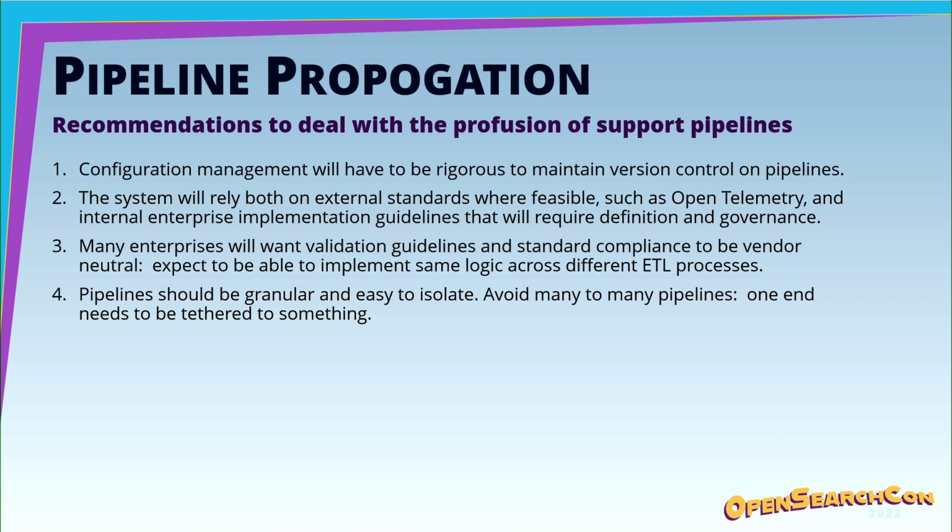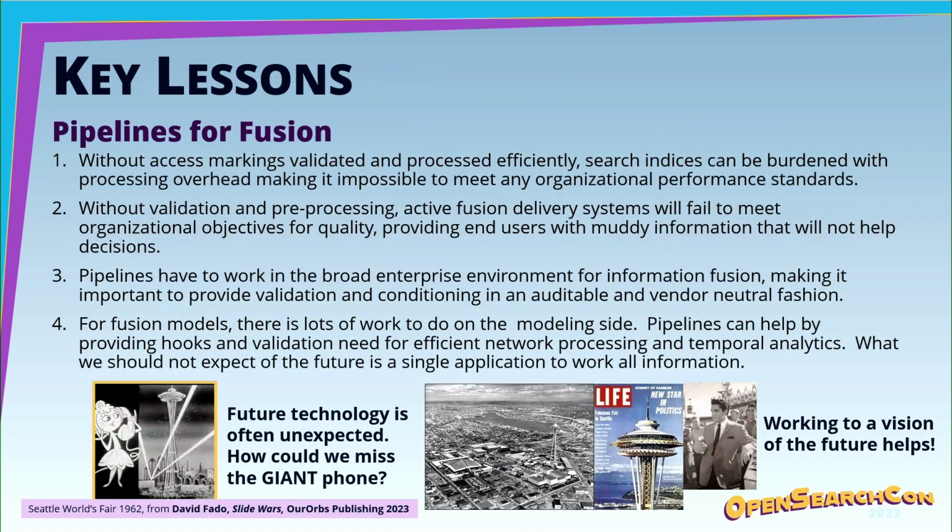But I think the system really is going to rely on a lot of external standards where feasible, such as OpenTelemetry. And you're going to want validation guidelines built into all of those pipelines. They should be granular and easy to isolate so you can update them. So the key lessons here are the validation and the pre-processing, and the fact that future technology is often unexpected.